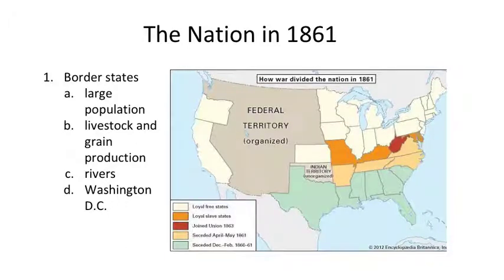And so that's really important. But not only that, Kentucky gives them access to other rivers like the Cumberland River and some other large rivers that flow right into the heart of the South. And so rivers are great for moving people and moving troops and supplies, and so if they can keep access to these rivers, they've got a good chance of being able to invade deep into the South using these rivers.